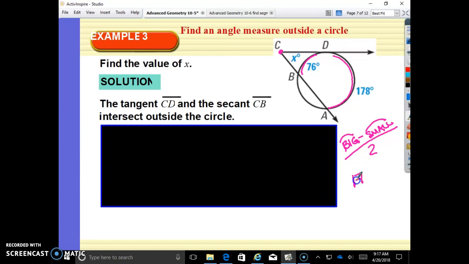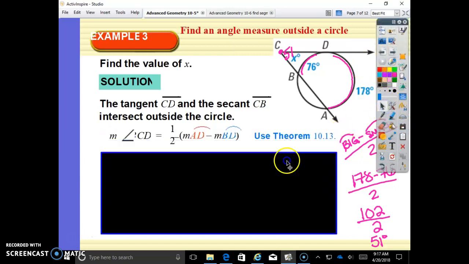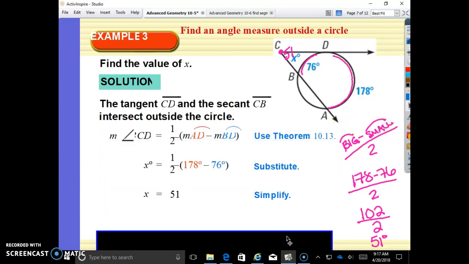So in this case, 178 minus 76, divide by 2. 102 divided by 2. 51 degrees. Big minus little, divide by 2. 51 degrees. Guys okay on that one?